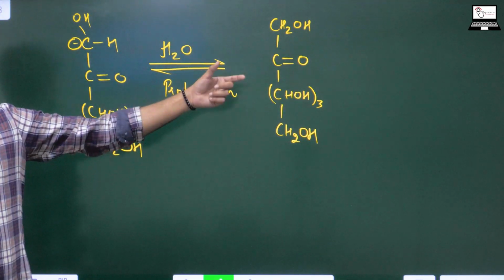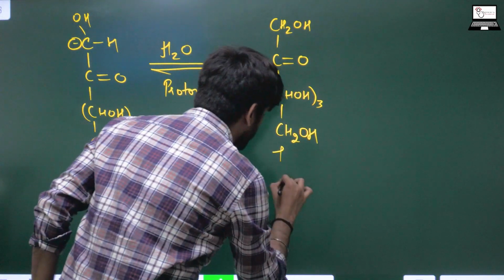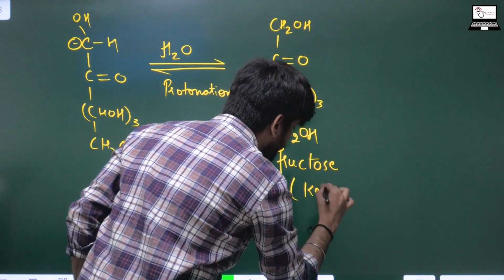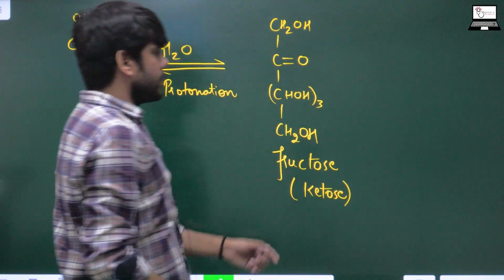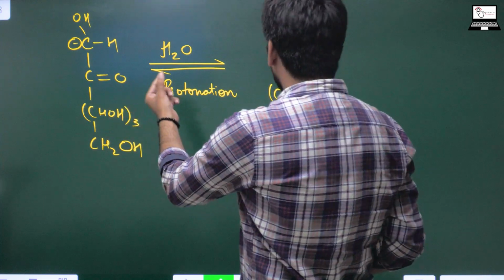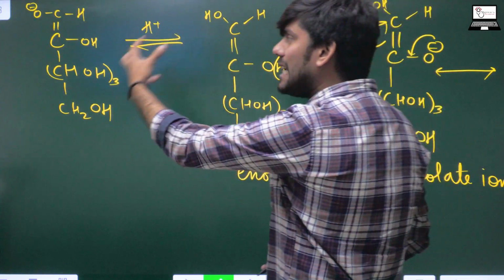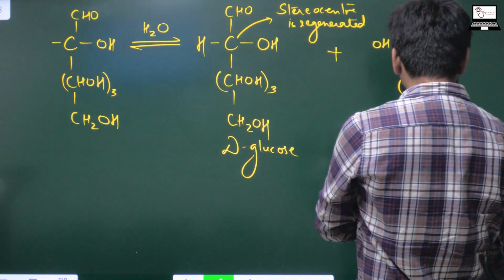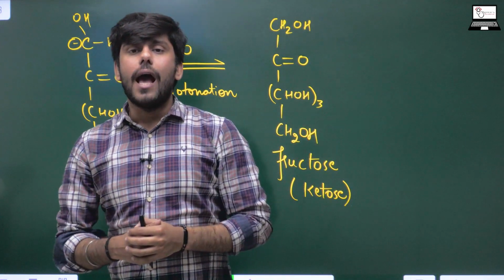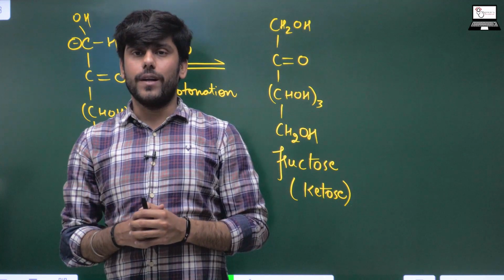This is a ketose, and this is your fructose. Right? A ketose. So basically in this question, from D-glucose we have got D-mannose and fructose via epimerization and enediol rearrangement.